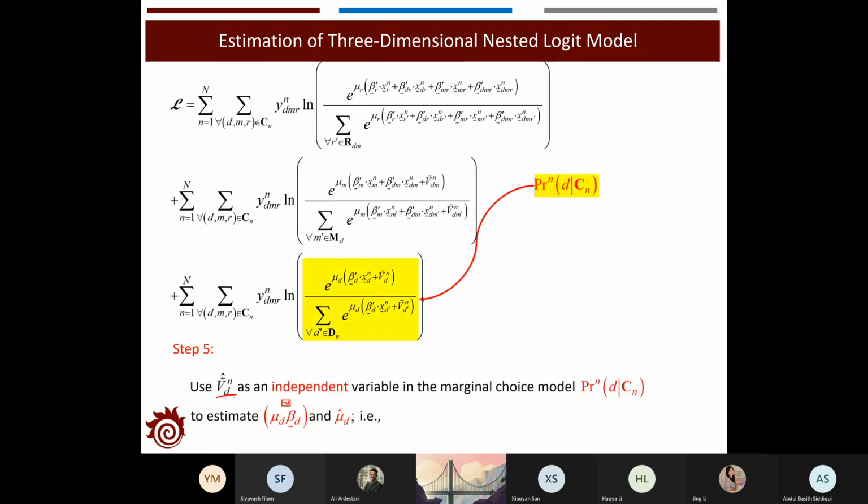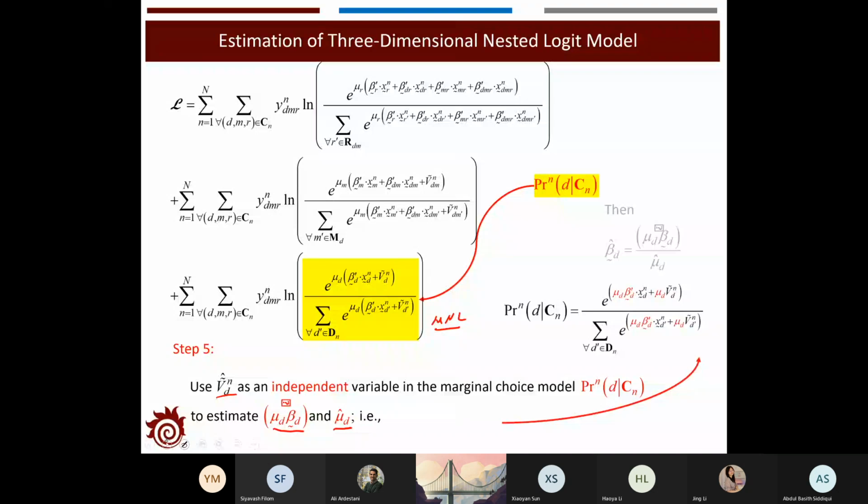Consider VD tilde hat as an independent variable and use this marginal probability to get the values of mu d times beta d and mu d with the calibration of the multinomial logit model, and then we can find the value of beta d.